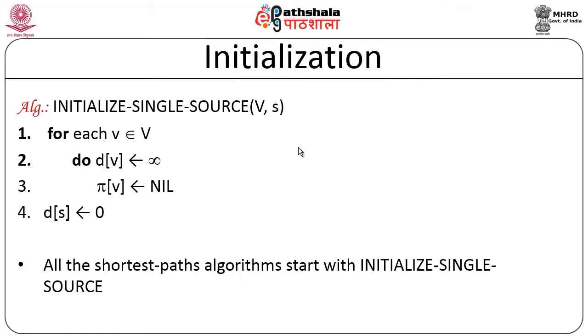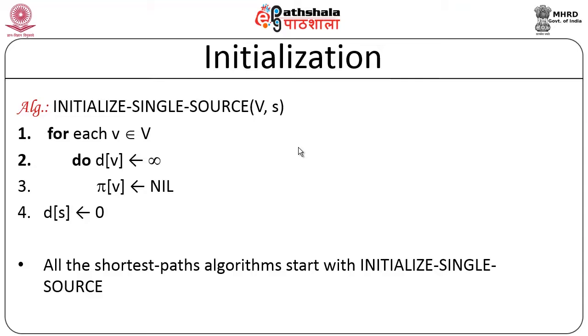So, for any of the shortest path algorithms, you first have an initialization. The initialization for the single source, I will come to what single source means later, is this: for each v belonging to the set of vertices V, we initialize d of v, remember this is the path estimate, equal to infinity, and we write pi of v, remember this is the predecessor, equal to nil.